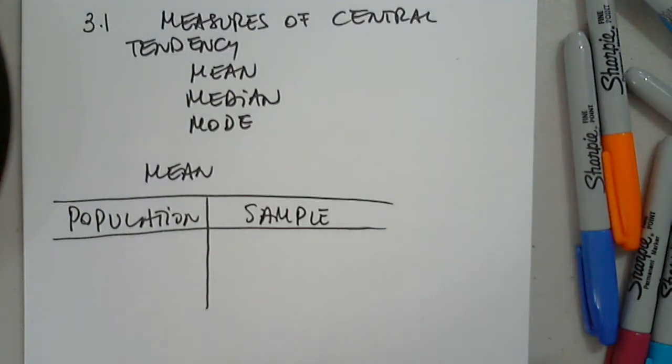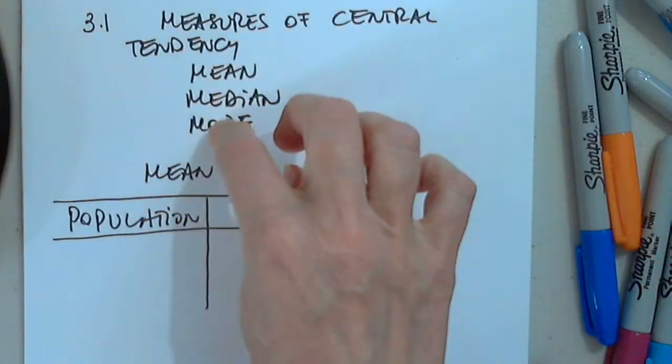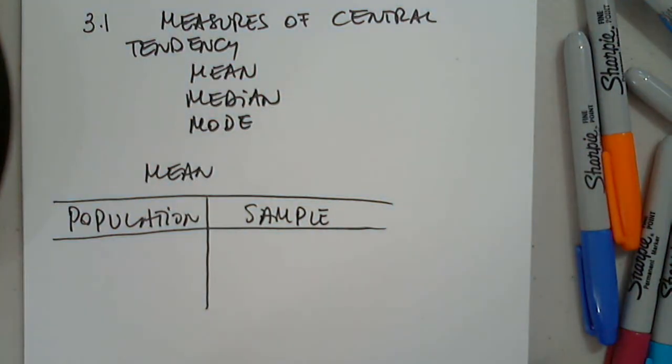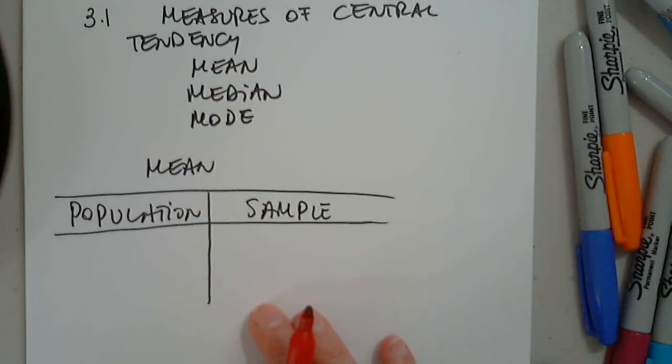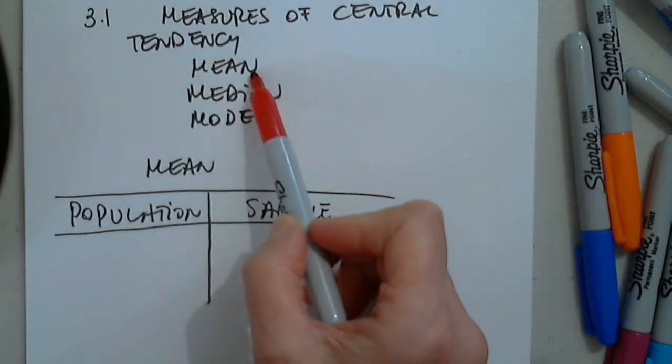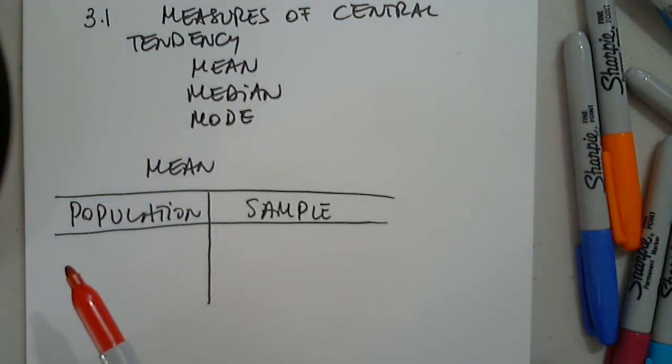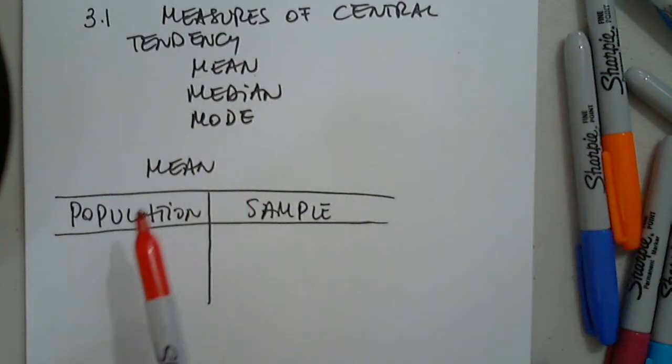For the population, does anyone remember how do we call all these? We don't have them. So how do we call them in general? We use a word for anything that we don't know about the population. If we don't know the population mean, the median or the mode, we use a particular word for it.